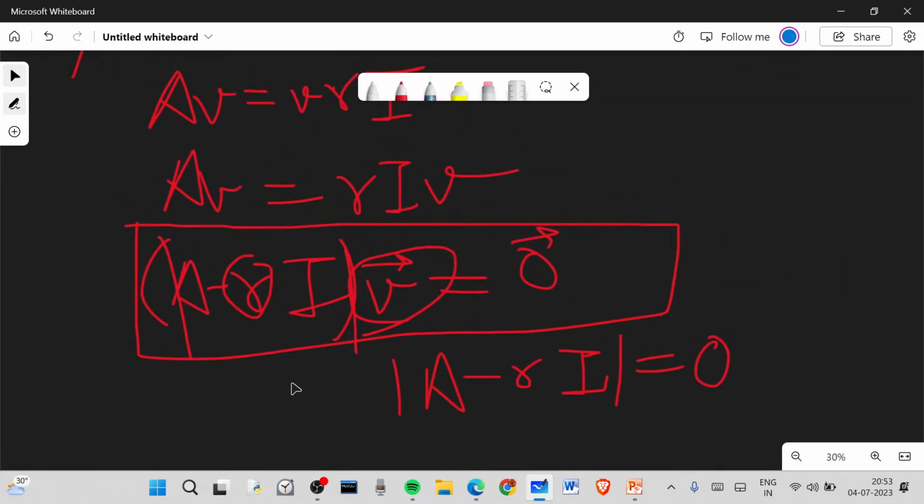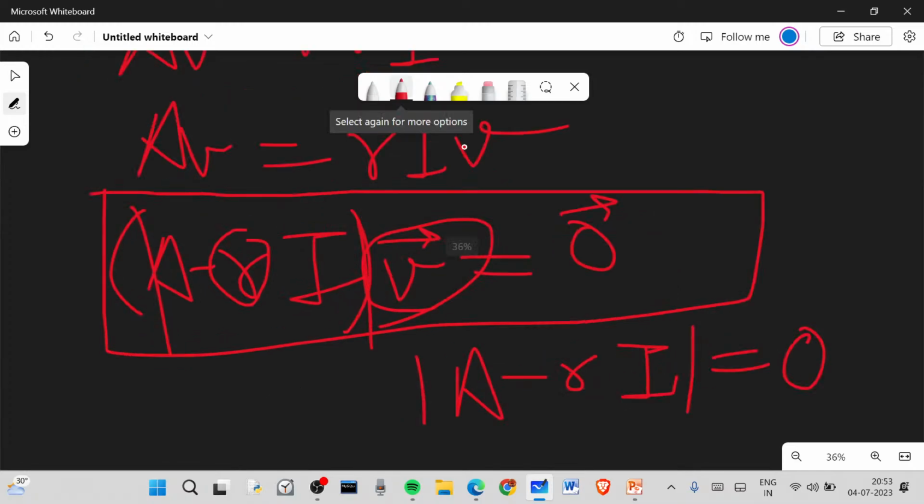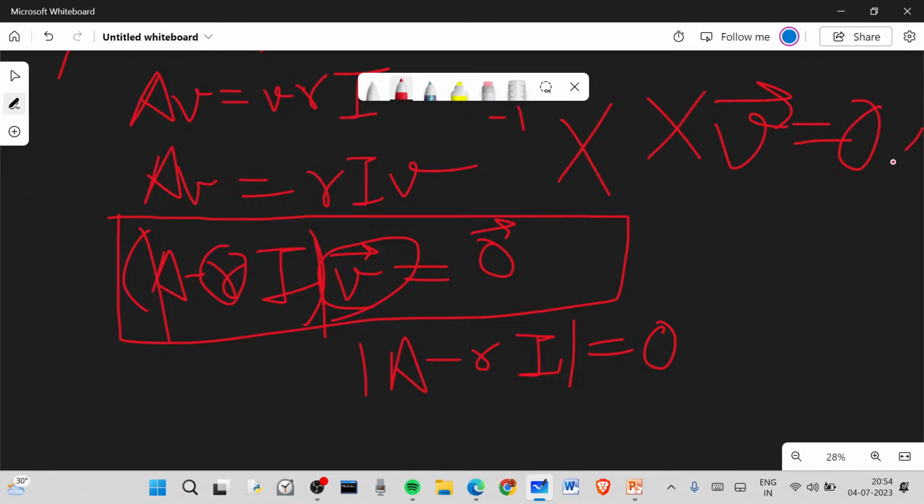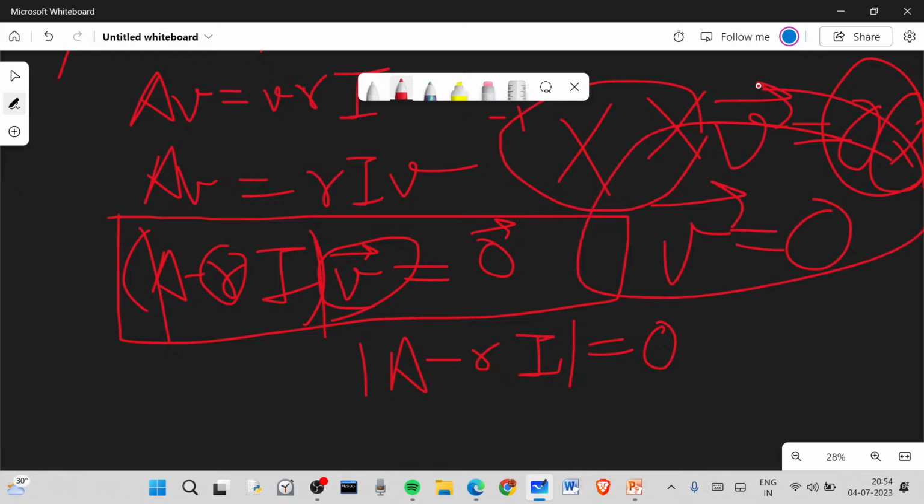Or one more way of telling it is that, for example, if it's not 0, then its inverse would have existed, and if its inverse existed, we could have multiplied it on that side. Let's say A minus rI, a matrix itself, times v is 0, right? If I multiply the inverse on both sides, this would be 0 always, and this would give I, so that means v has to be 0, and it's not general.